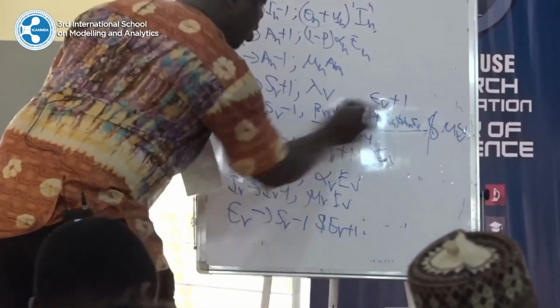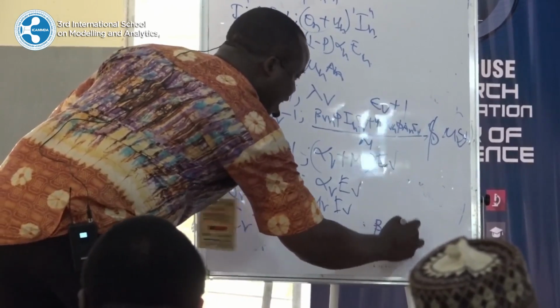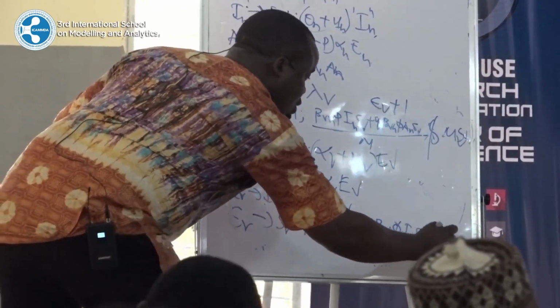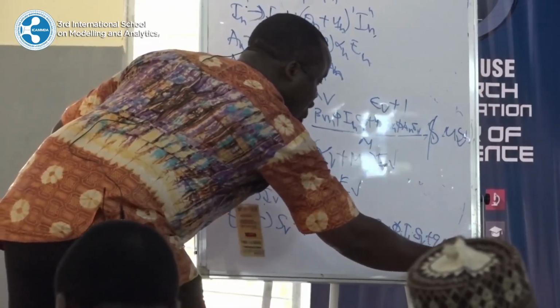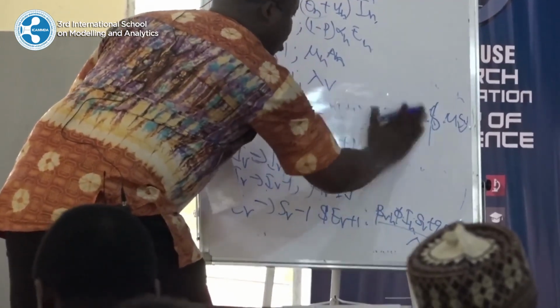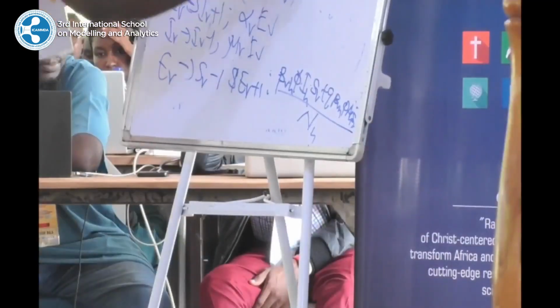Due to BVH 5 IH SB plus QBVH 5 AH SB all over NH. So maybe for better clarity, this one we only have mu V, right?